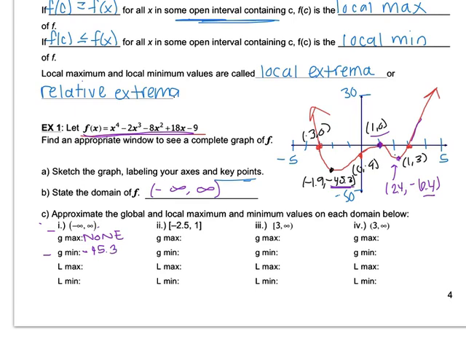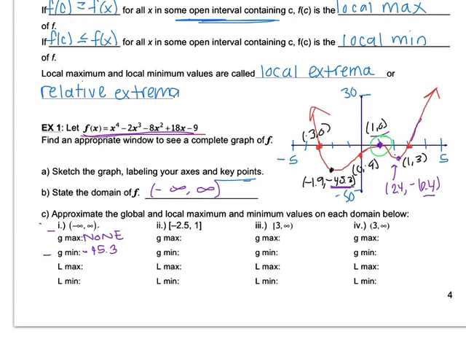For the local max, I'm looking for any local areas where, within that one area, one of the y values is higher than all of the other ones. So in this case, right here, we see a turning point. Anytime there's a turning point where the function goes from increasing to decreasing or decreasing to increasing, then you're going to have a local max or min.